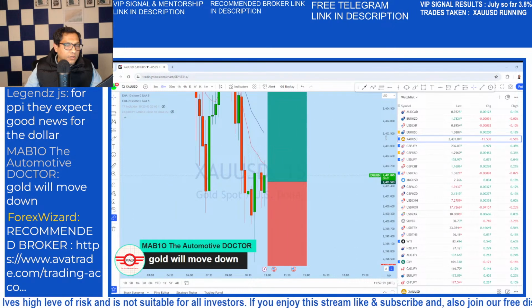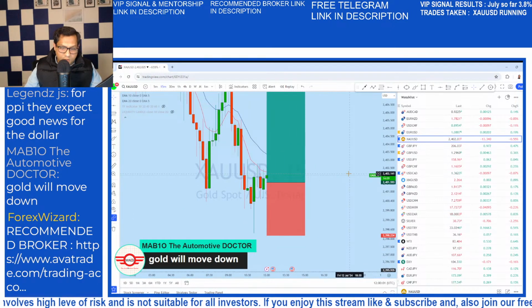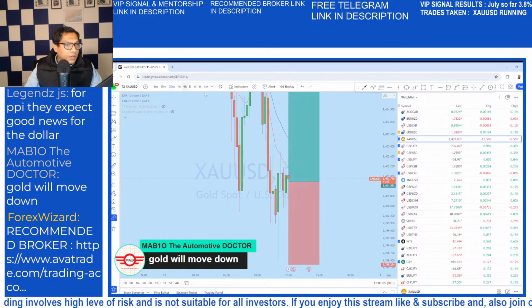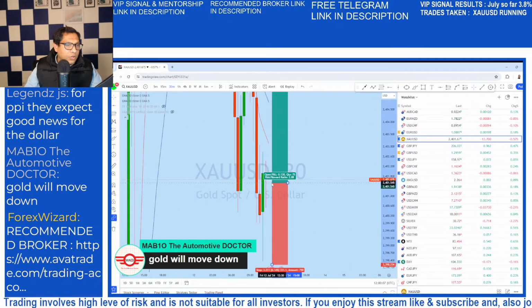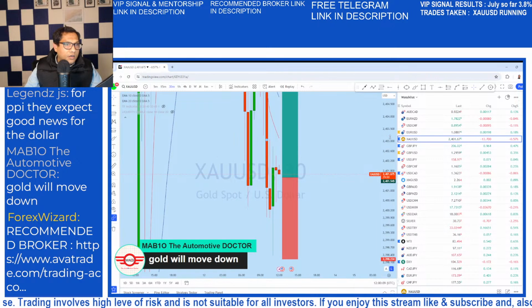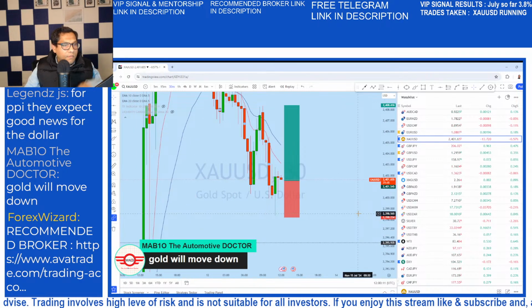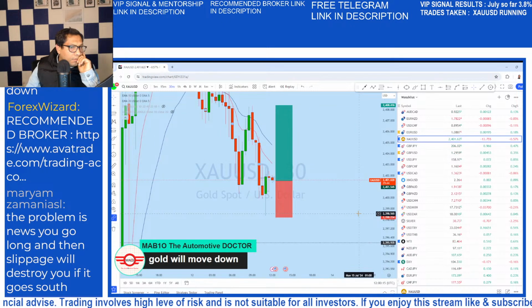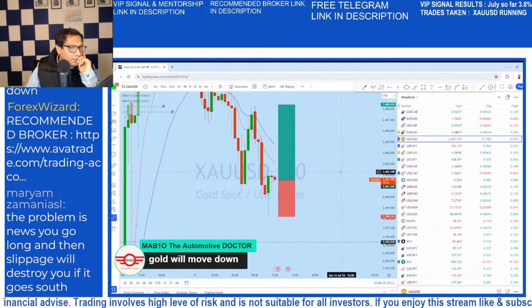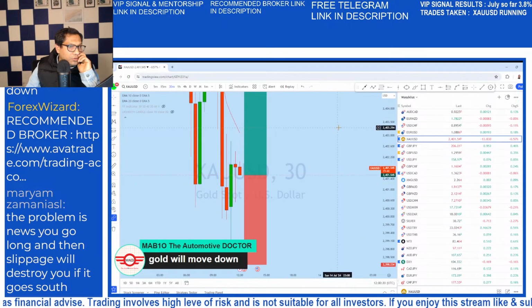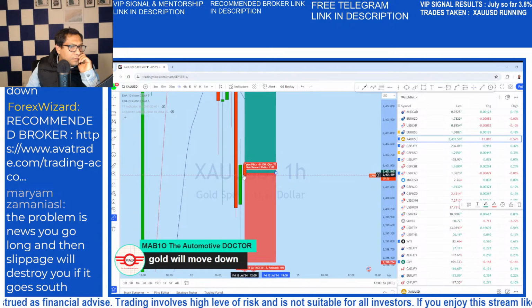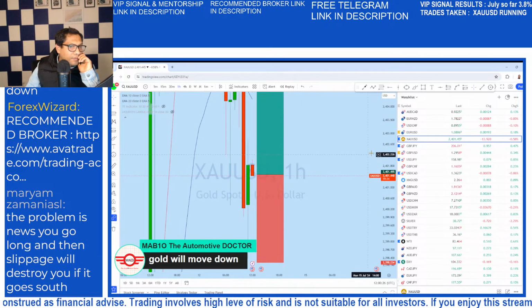It's important that we, okay, so here is the key. So there is a 30 minutes doji here. Now it's important that the market managed to go back to the upside.